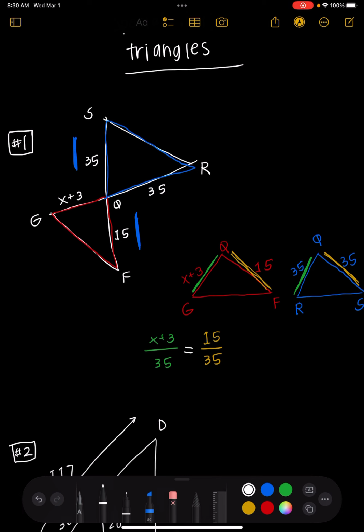Now we have two fractions that are set equal to each other. In order to solve, we're going to cross multiply. So we would have 15 times 35, which is this one right here, is equal to this one right here, which would be 35 times x plus 3.